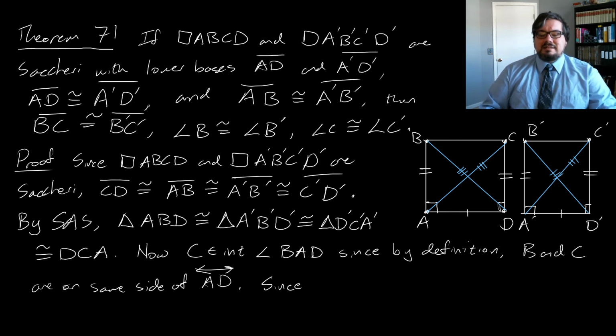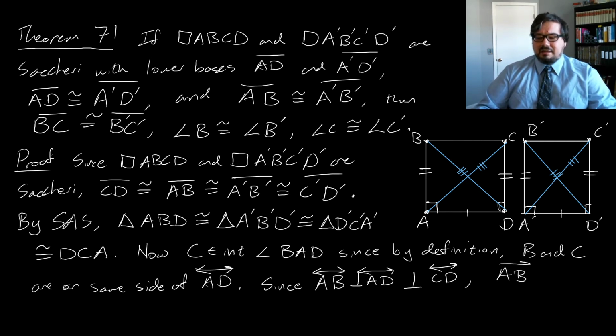We can get that in the following way, by using perpendicular lines. Since the line AB is perpendicular to the line AD, which is again perpendicular to the line CD, we have that AB is parallel to CD. Now in particular, what that means is that all points of the line CD lie on the same side of the line AB.